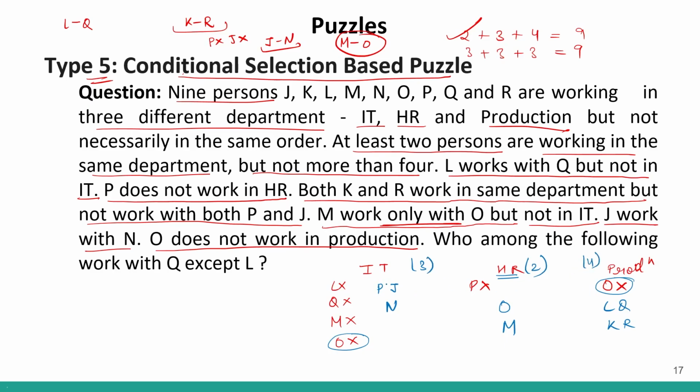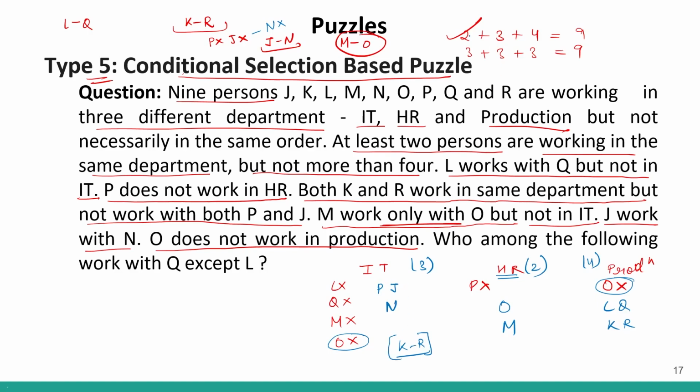How? So basically there was a restriction of M, Q and L. If I do not place L and Q over here, we are left with only K and R, because K and R cannot come together with P, J and N. Over here, J and N are a pair. So if I do not place J, that means I will also not place N. Correct? So now we will have only 2 people, K and R.